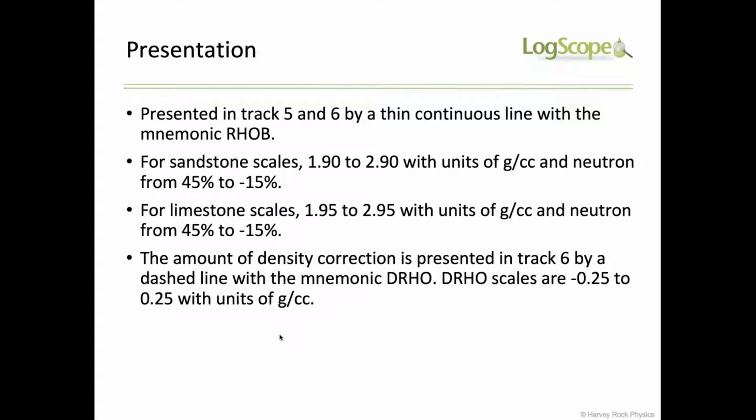So for presentation, for sandstone scales, the density is usually plotted from 1.9 to 2.9. For limestone scales, it's plotted from 1.95 to 2.95. And the amount of density correction is presented from minus 0.25 to plus 0.25.